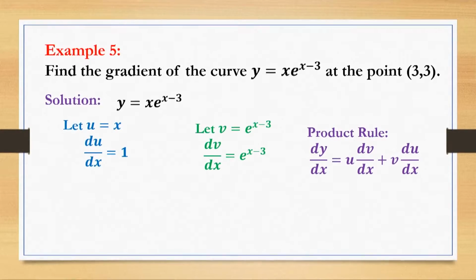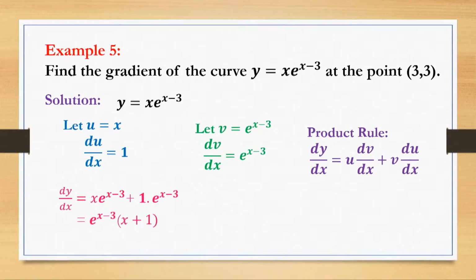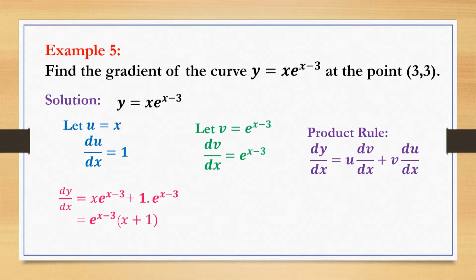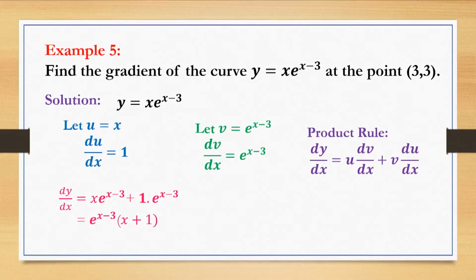Using the product rule, that is dy by dx equal to u dv by dx plus v du by dx. So replacing all these in the formula will give me dy by dx equal to x e to the power of x minus 3 plus 1 times e to the power of x minus 3. So factorizing, I take e to the power of x minus 3 outside, and I will be left with x plus 1 in between the brackets.